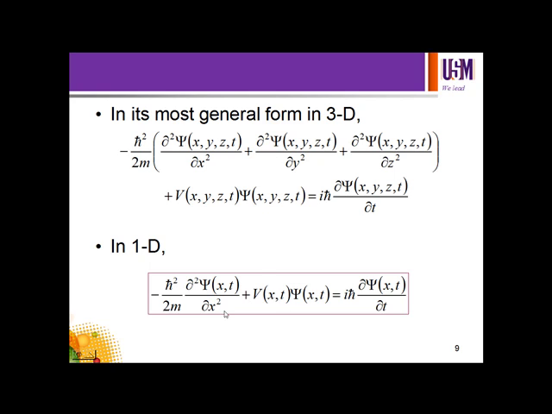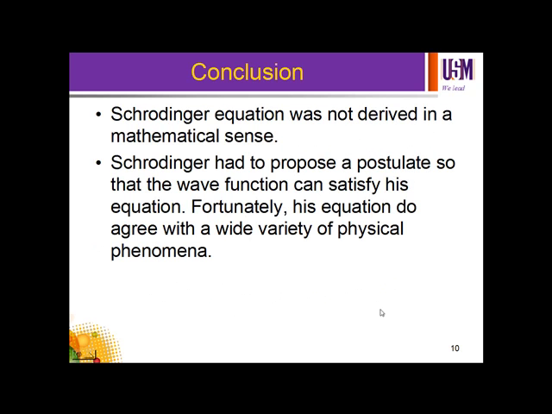Most of the problems or questions in the exam, most of the time are in 1D. But from there you can expand it to 3D. So in one dimension: negative h bar squared over 2m, delta squared psi over delta x squared, plus V psi equals i h bar delta psi over delta t. So this is the Schrodinger equation in one dimension.